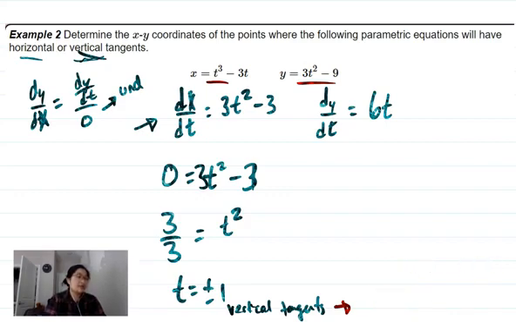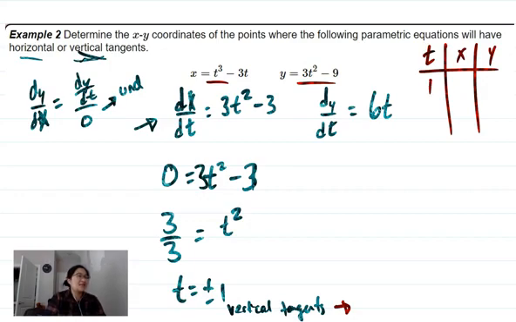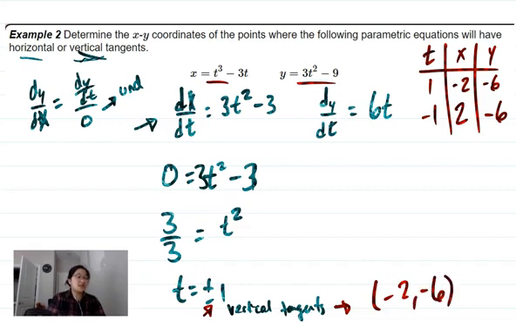Okay, so when t is positive 1, x is 1 minus 3, which is negative 2, and y is 3 minus 9, which is negative 6. And when t is negative 1, negative 1 cubed is negative 1, plus 3 is positive 2, and then negative 1 squared is positive 1 times 3 is 3 minus 9 is negative 6. So we have vertical tangents at the points (-2, -6) and (2, -6).